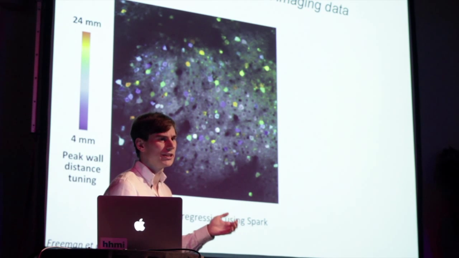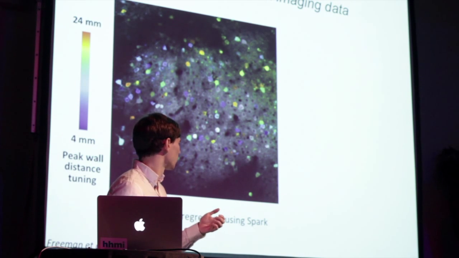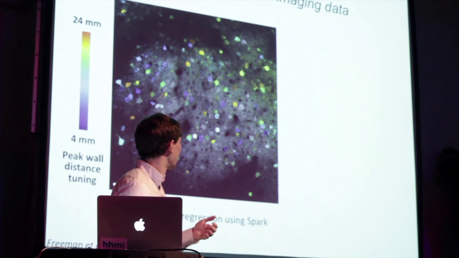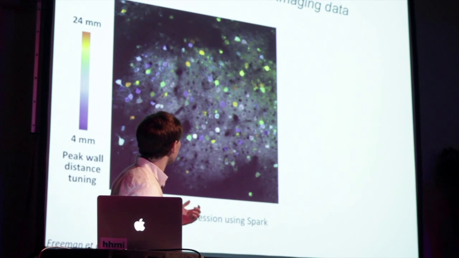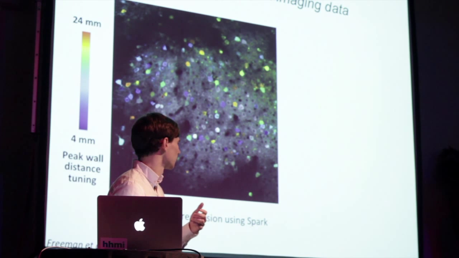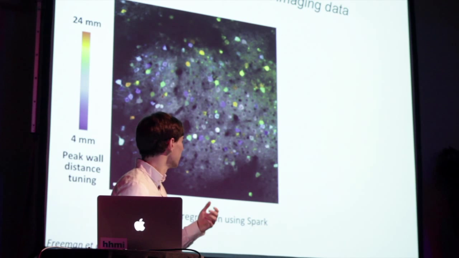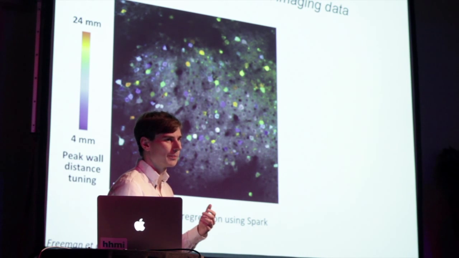You have activity of many, many pixels, a million pixels simultaneously recorded for hours at a time. Here, what I'm showing is each pixel has been colored according to the results of that regression analysis, the peak wall distance that makes that pixel most active. The brightness has been mapped to the R squared of that regression, and so only the pixels with a reliable tuning are showing up as colored.